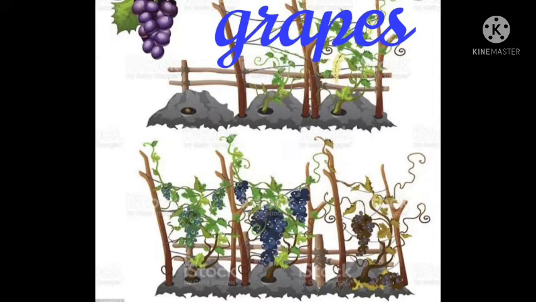You can see in the picture, they keep sticks or rods for the vines to support and grow. They grow around the stick that is placed, and they put thread or rope for the vines to hang. So grapes is a climber. You should be able to say grapes is a climber.